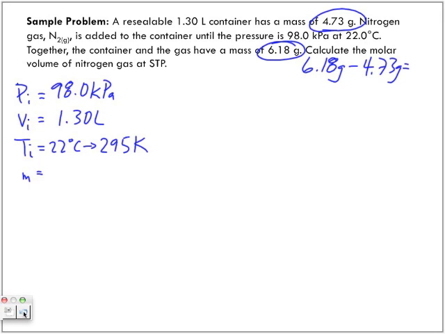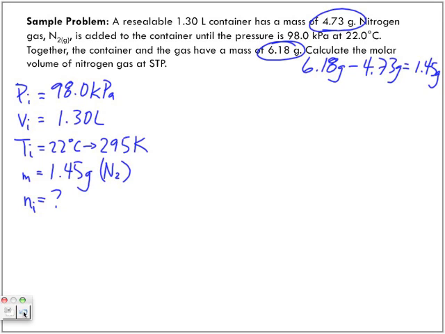We get 1.45 grams of the nitrogen. So which means we are really trying to find the number of moles, because we're trying to find the molar volume. So it's volume divided by the number of moles. So we need to find that.